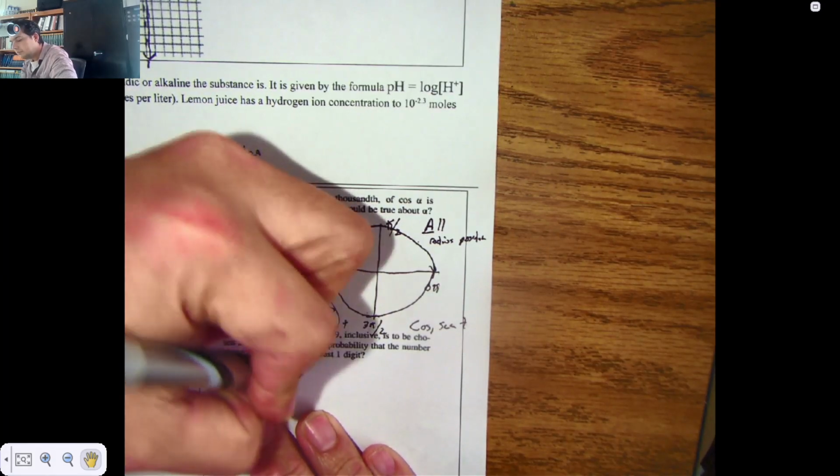51. An integer from 10 through 99 inclusive is to be chosen at random. What is the probability that the number chosen will have 0 as at least 1 digit? So inclusive means we include 10 and we include 99.